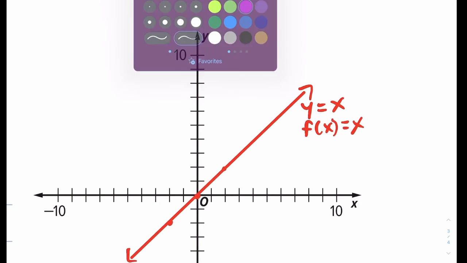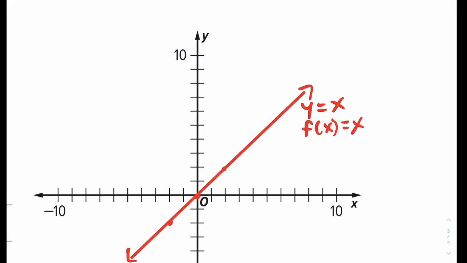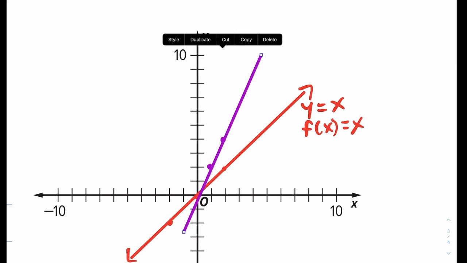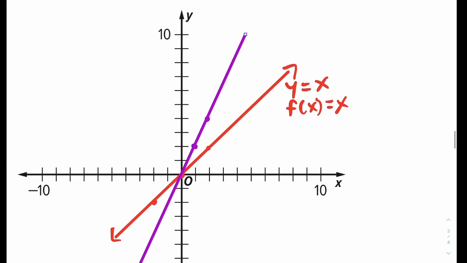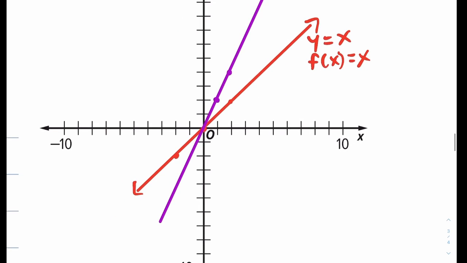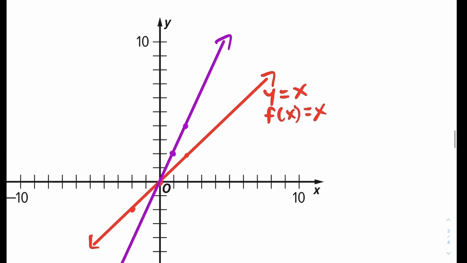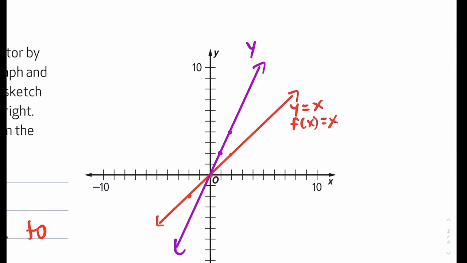And then the new one was whatever you plug in for x, you're going to do double that for y. This one is the same thing as y equals 2x, which is the same thing as f of 2x.